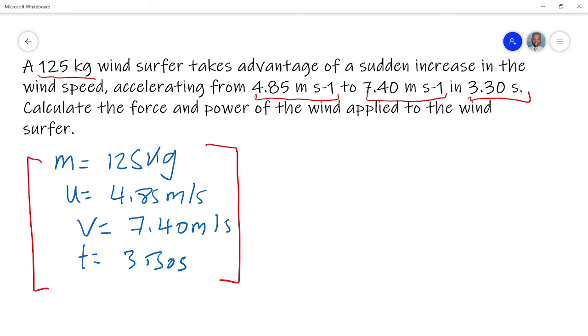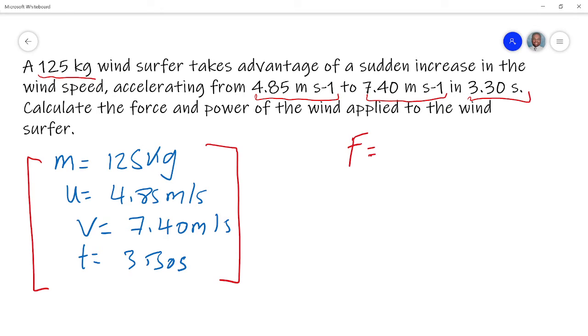Now when you look at force, how is this relevant to the question? There's a force being exerted, and what formula links force? We know that there's mass and also acceleration from the question. So if you remember this formula, F is equal to ma.